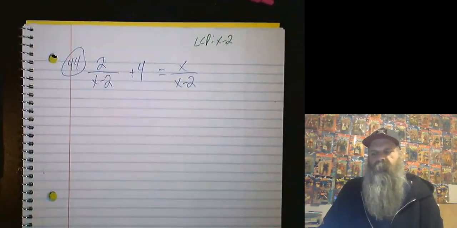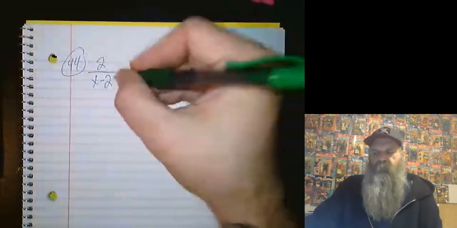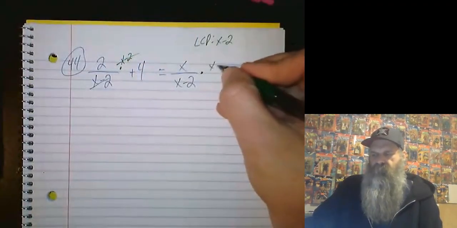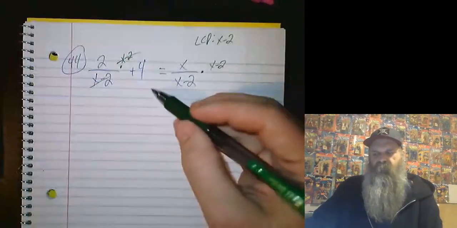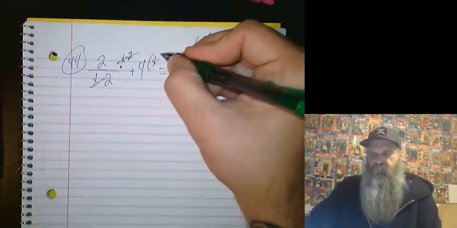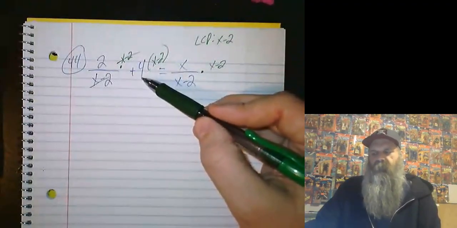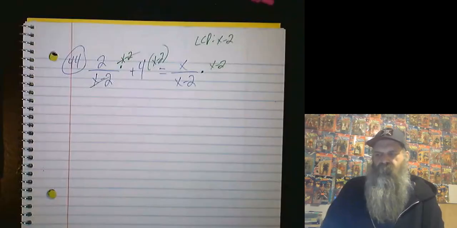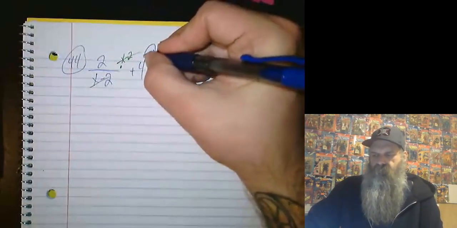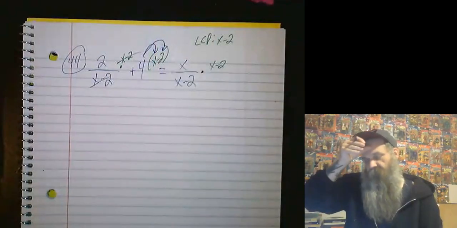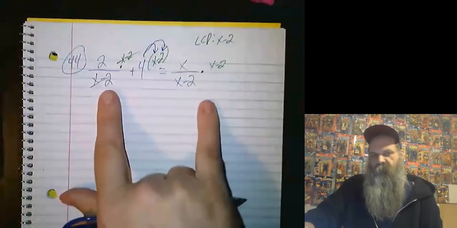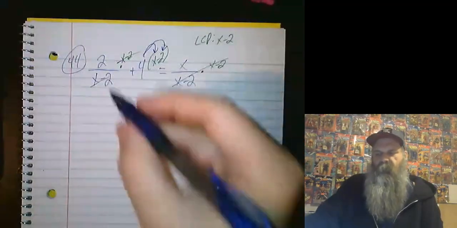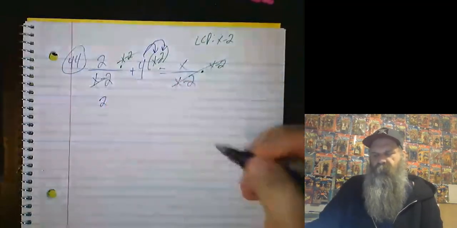It's the only denominator. To get rid of a denominator, you multiply everything by the denominator. And when you multiply the 4 times x minus 2, you have to distribute. For the first and third terms, the denominators go away.